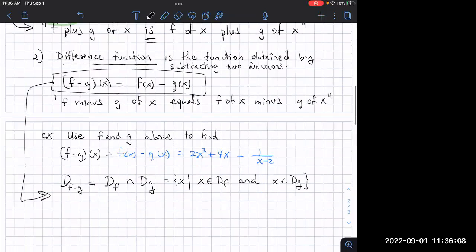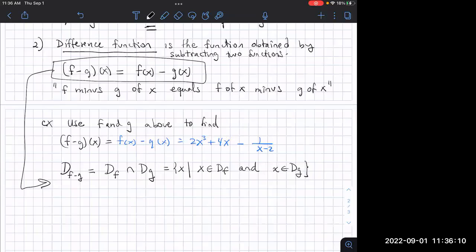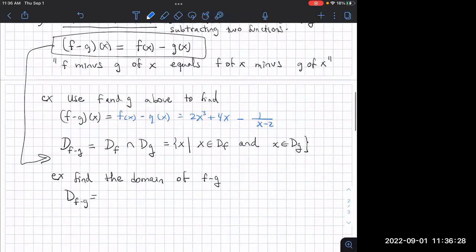Okay, so in the above example, find the domain of F minus G. So then remember F of X was 2x cubed plus 4x.